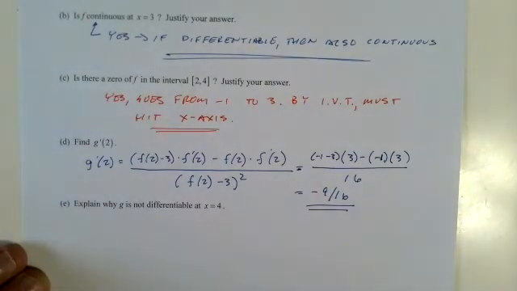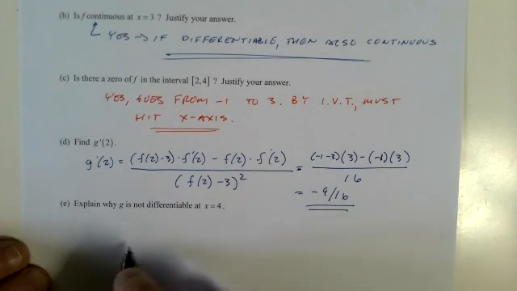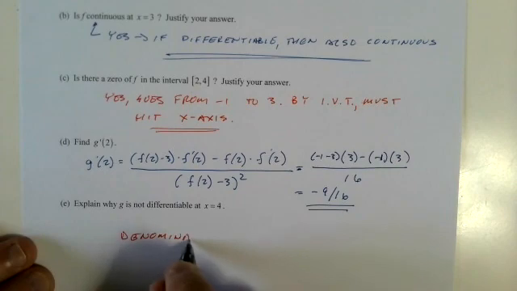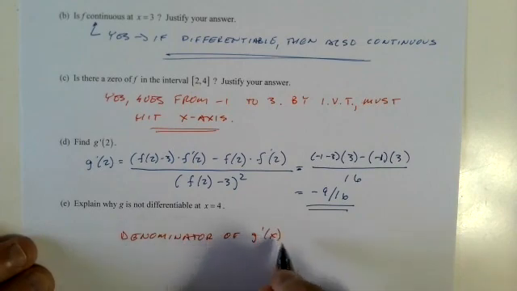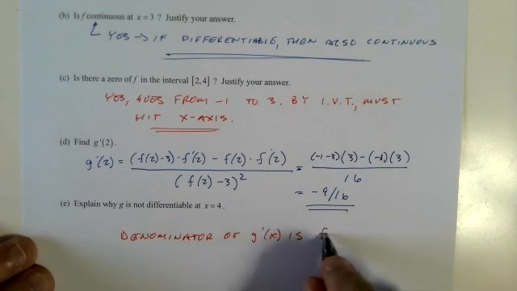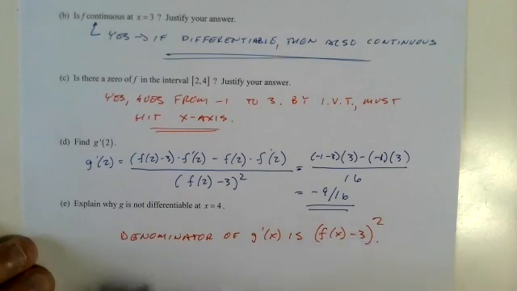Explain why g is not differentiable at x equals 4. Denominator of g prime of x is f of x minus 3 squared.